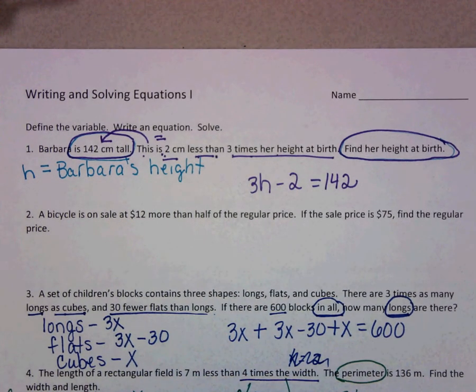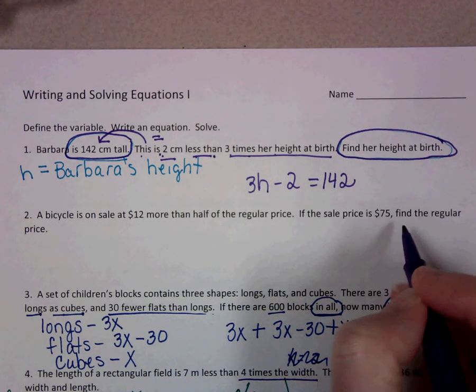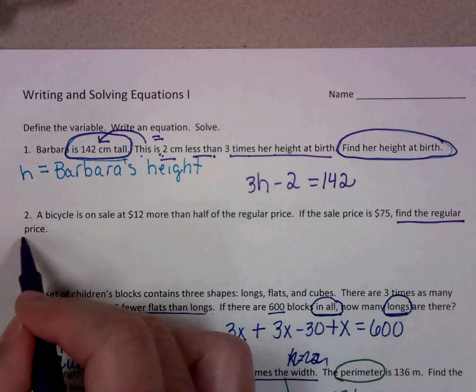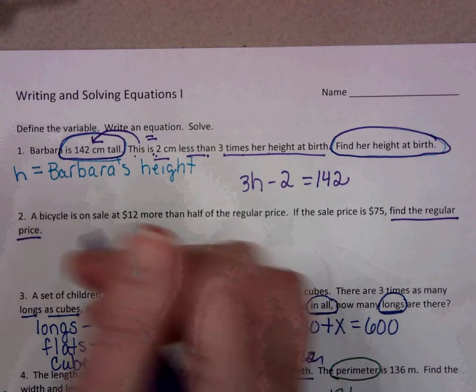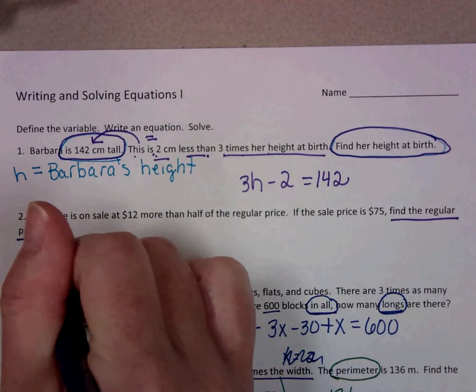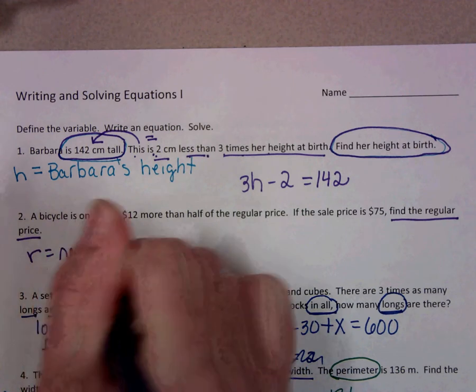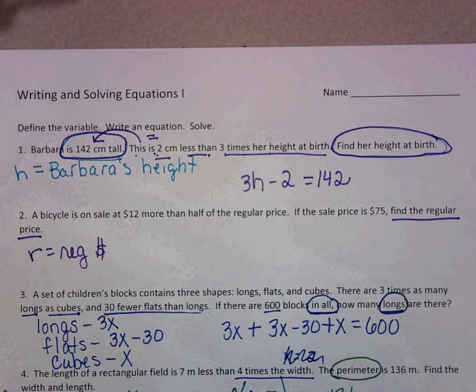So I'm not going to read it out loud. You can do that, but I'm going to go straight to what it's telling us to find. It says find the regular price. Okay, so that means that R equals the regular price.